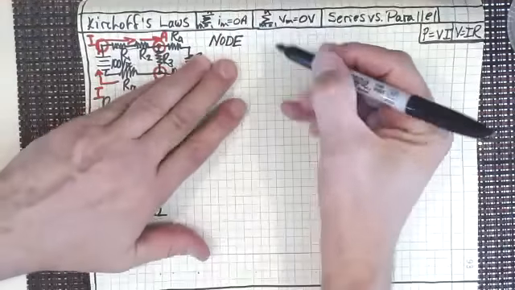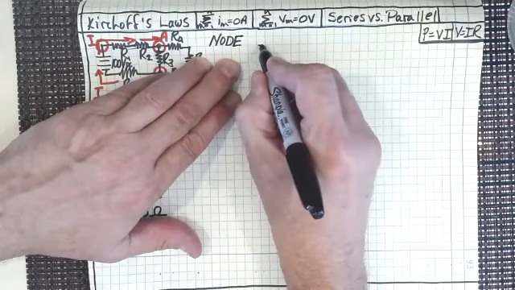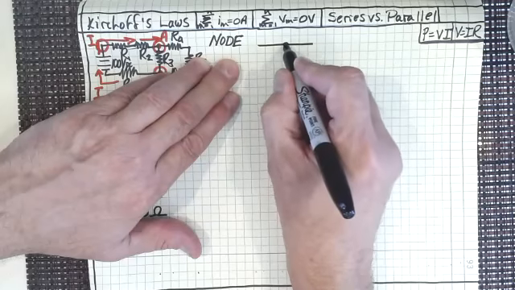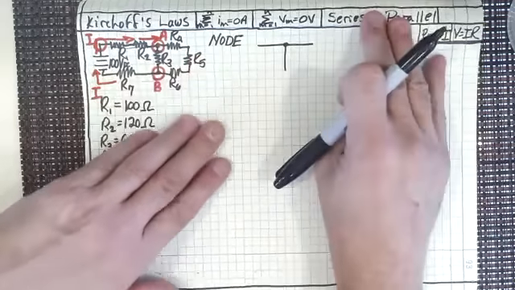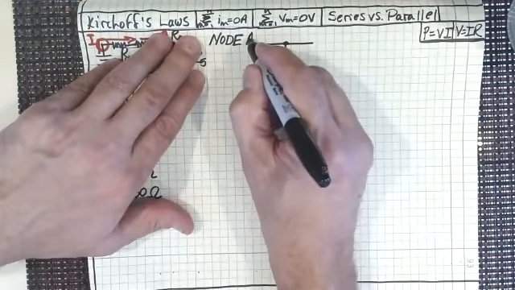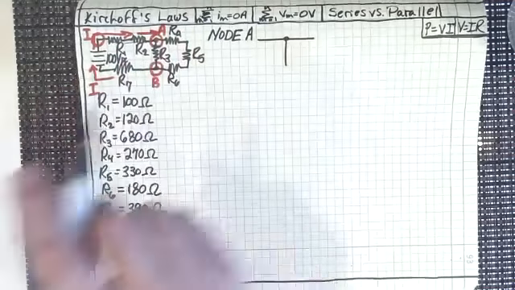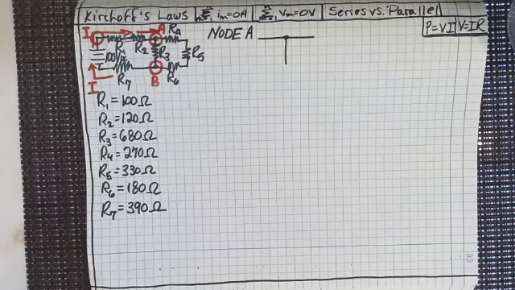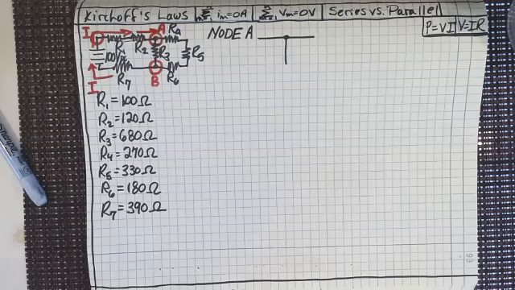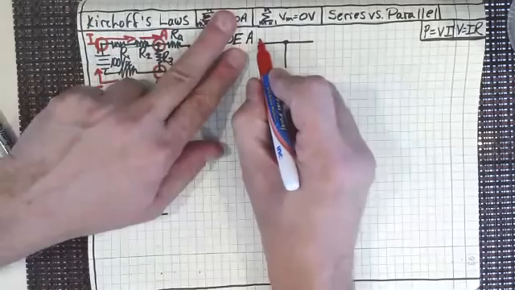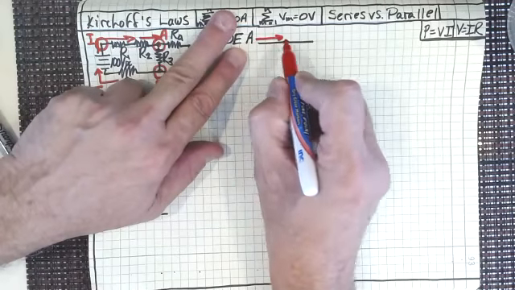So if I've got node A, now let's look at the current that's flowing into node A and the current that's flowing out of node A. On top here, the current flowing into node A is coming in this direction.